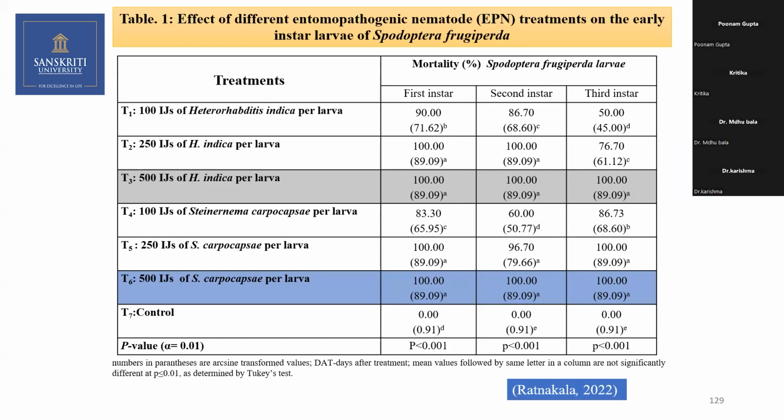In the second instar, T3, T5 and T6 are on par with each other, whereas others differ. You can just see, like third instar. There are three instars, first instar, second instar. Those which have the same symbol are statistically on par with each other, and those with a different symbol differ significantly.